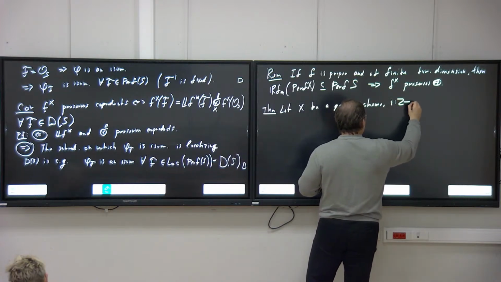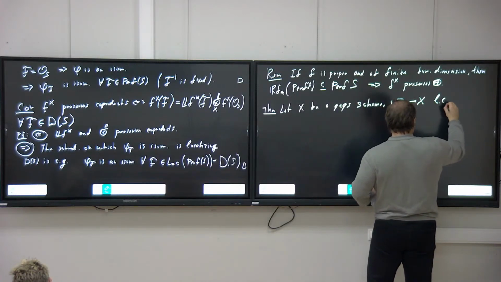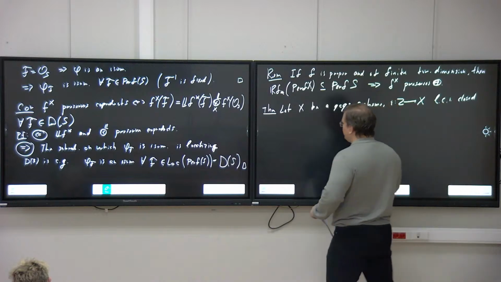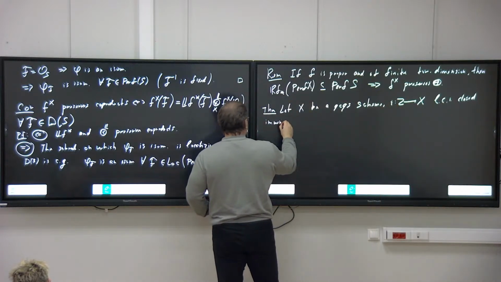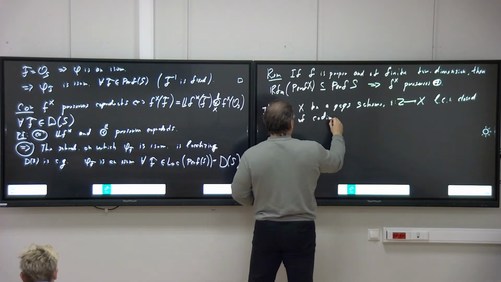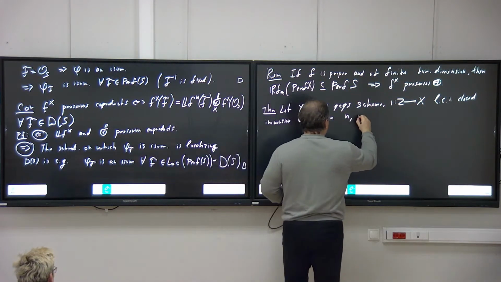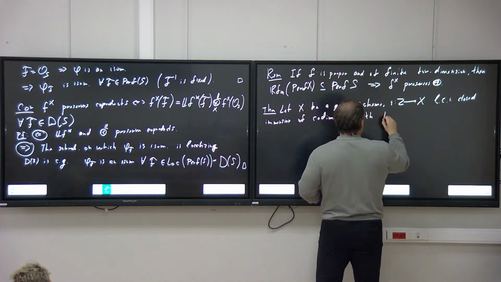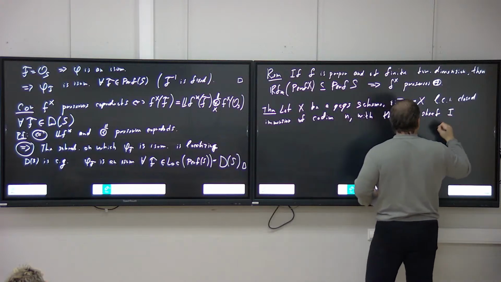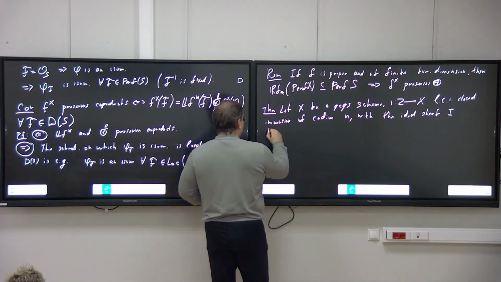Let's take a closed inclusion of Z into X, and suppose that this is a locally complete intersection closed immersion of some codimension n, with the ideal sheaf I. So let me fix notation for the normal bundle.